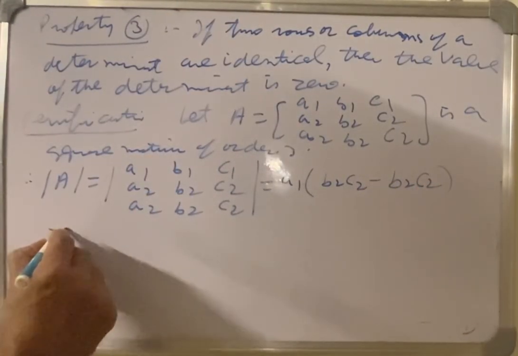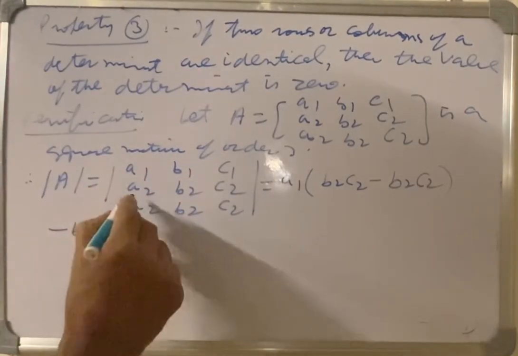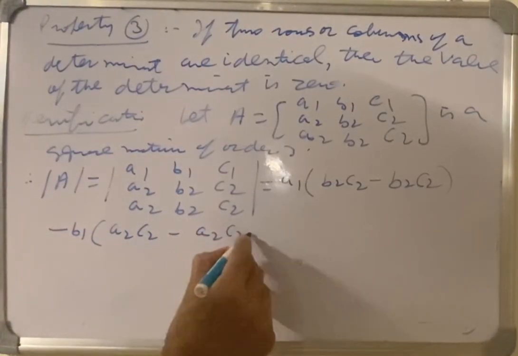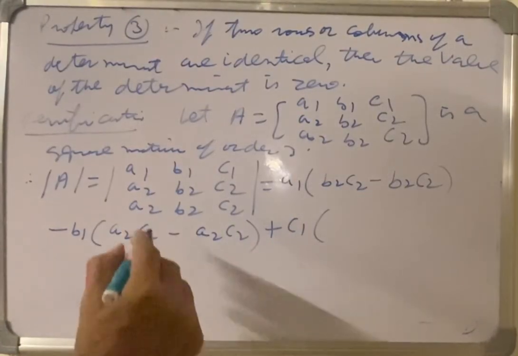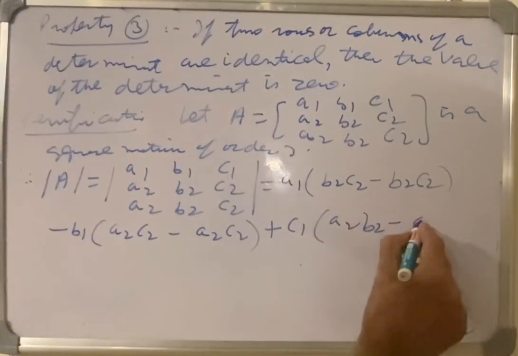Then minus B1, leave first row and second column, A2 C2 minus A2 C2. Then plus C1 into A2 B2 minus A2 B2.